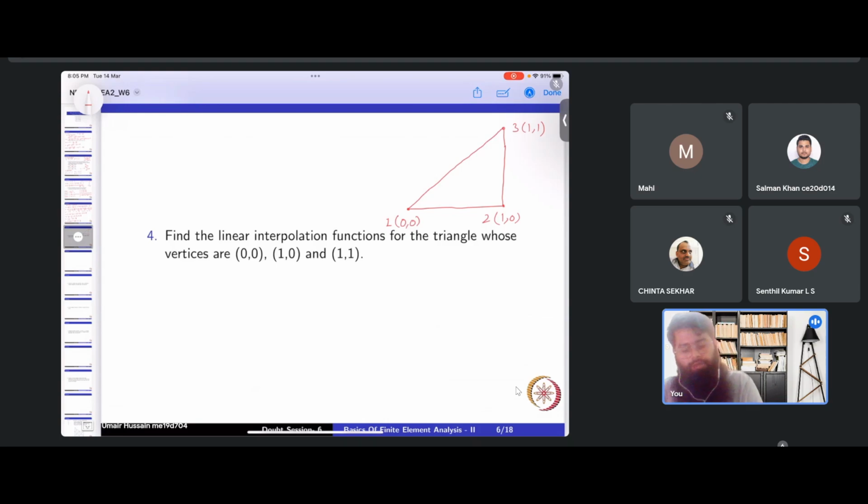So this is our triangular element. Again, for the triangular element, we have three nodes. So what should the interpolation function look like? How many unknowns? Three unknowns, right?